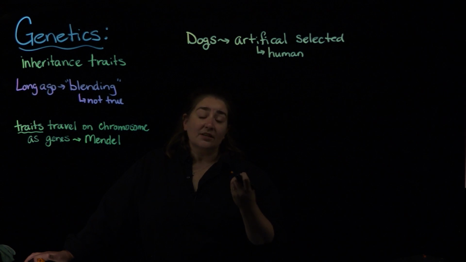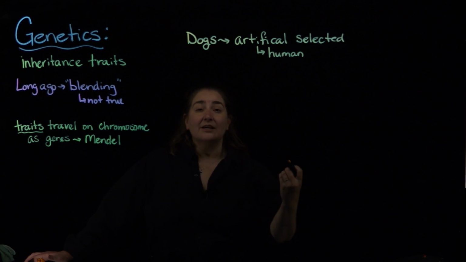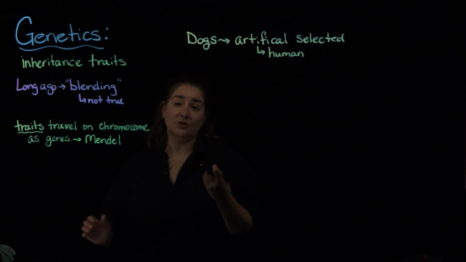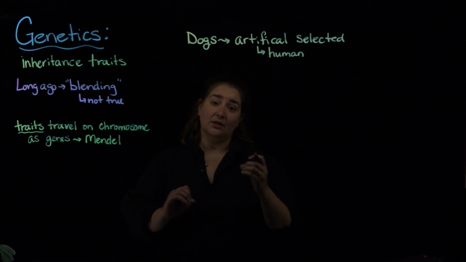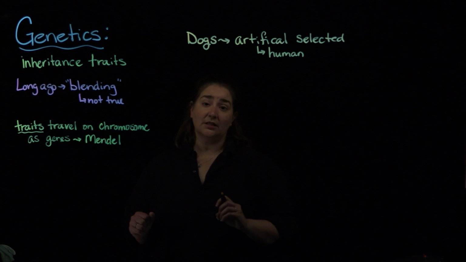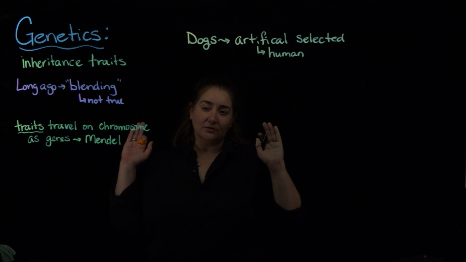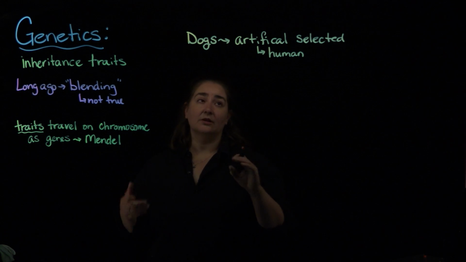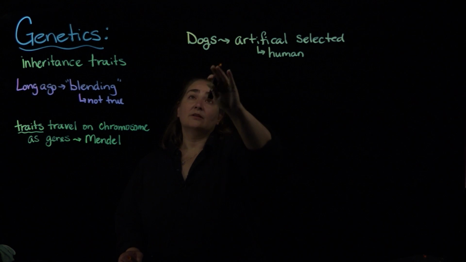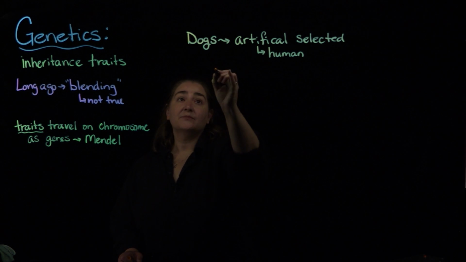Whether they liked a dog that had pointy ears or a dog that had floppy ears, okay? Essentially what happened is you had mutations that would happen, and humans would select for those particular mutations, okay? In this case, the floppy ears versus the pointy ears, okay? But dogs are a great example of artificial selection, how that happens, all right?